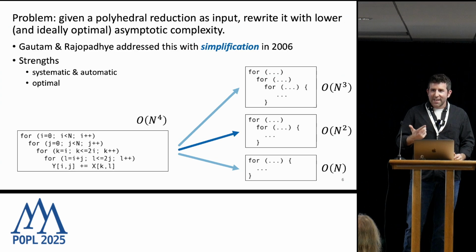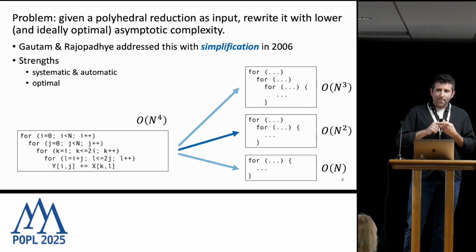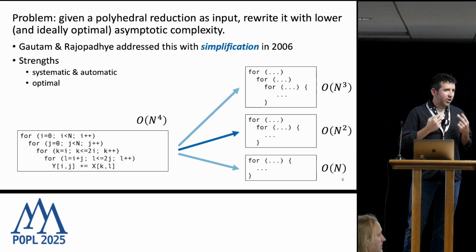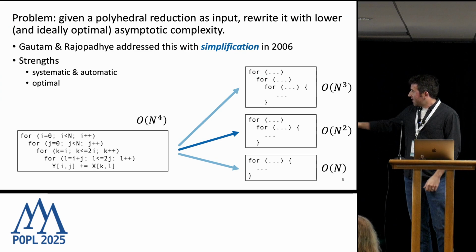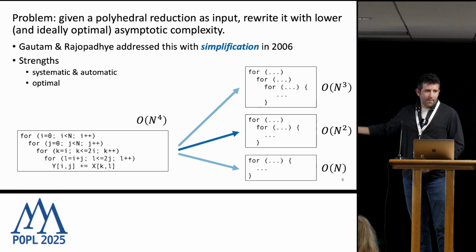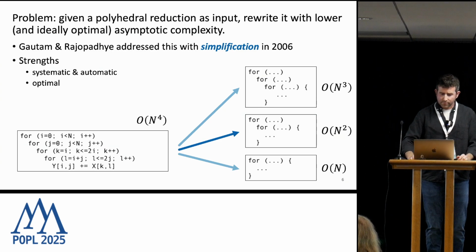And the nice thing about this is that it's systematic and automatic, meaning it doesn't take some clever human to look at it, and it's optimal in the sense that I can guarantee that there's a quadratic specification that computes this program, and simplification can find it.